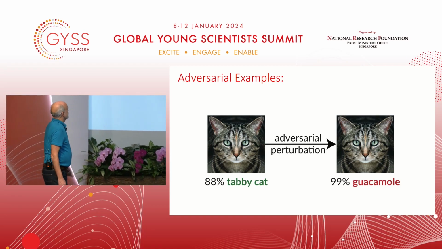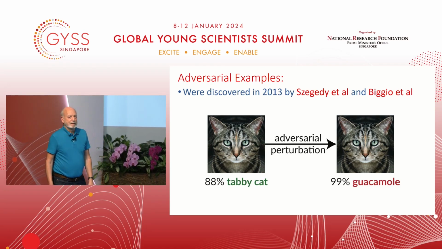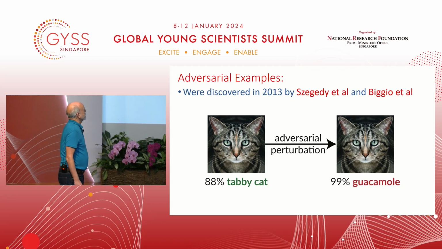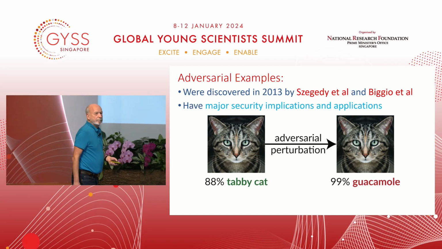So here's another famous example in this field. By the way, the phenomenon was invented about 10 years ago by Szegedy and Biggio independently. And it has many security implications.